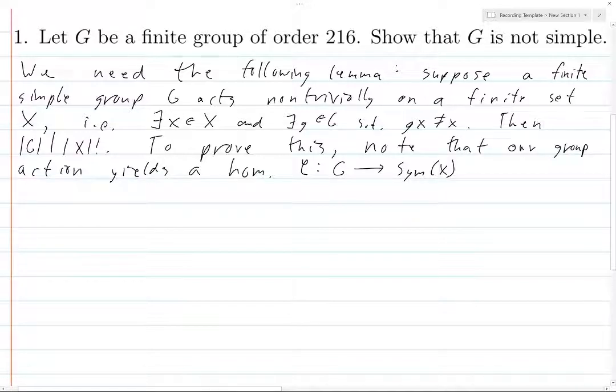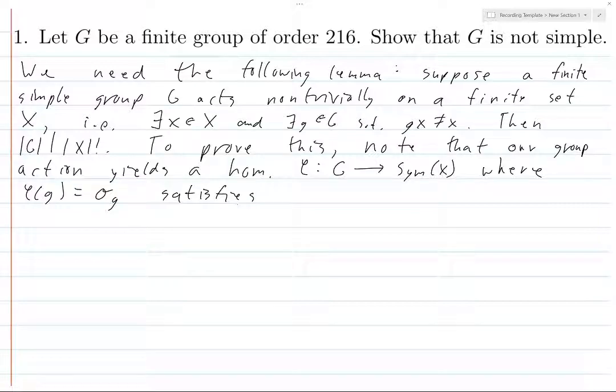In any case, I'm just going to leave it at this, where phi of g equals sigma g satisfies the following. I'm writing sigma g to specify that this is permuting.